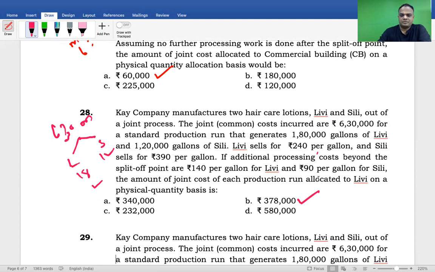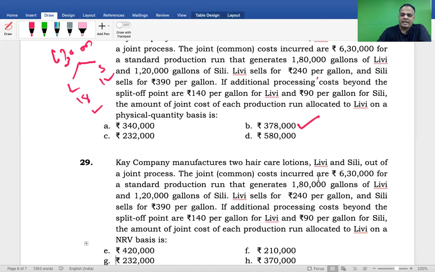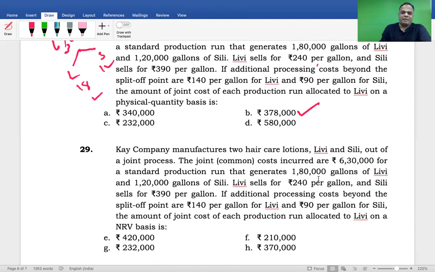Now, in the same problem, they ask you to apportion on an NRV basis. It has some sense, am I right? With respect to NRV, listen carefully. Two products, Livy and Silly. Quantity produced: how much? 1,80,000 and 1,20,000.